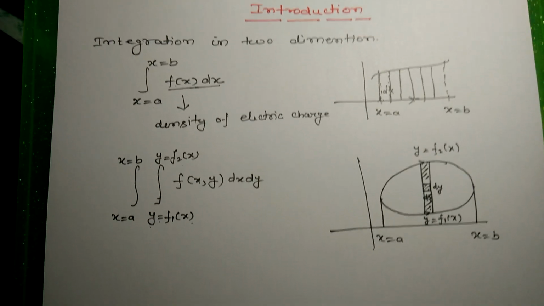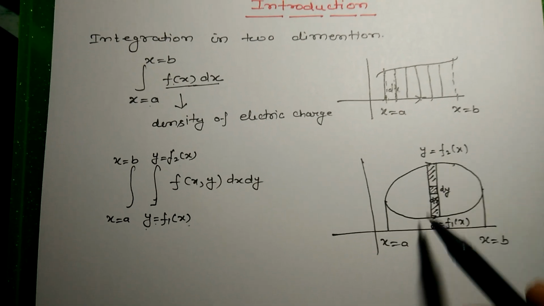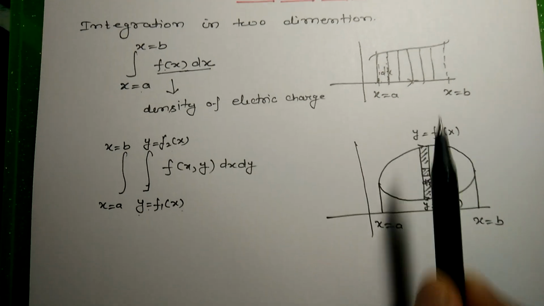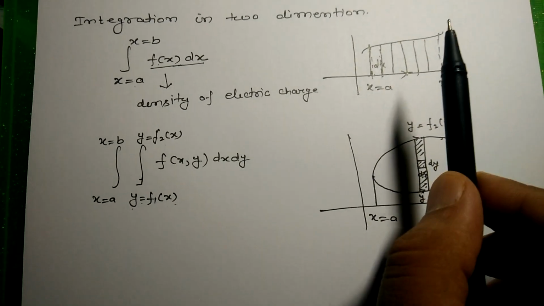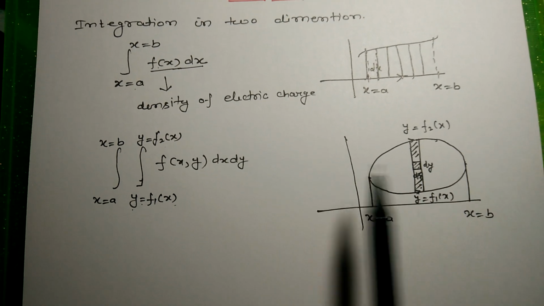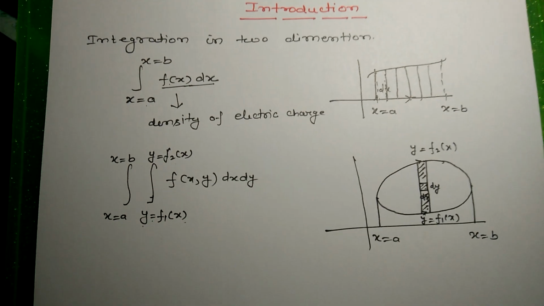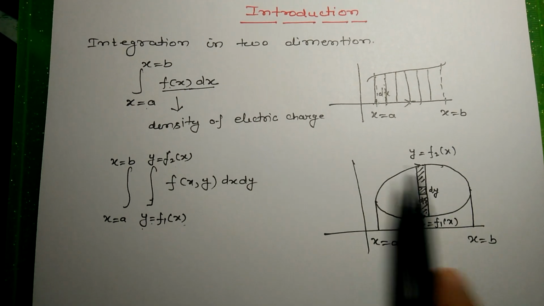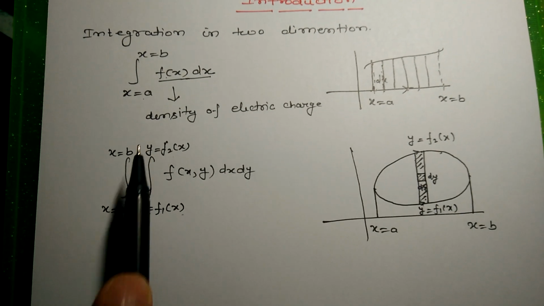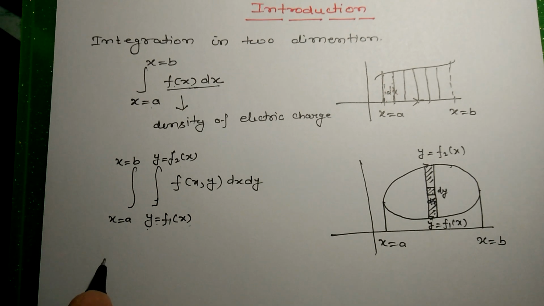That's the entire idea. So first I'll be doing the integration on this strip. While doing the integration on this strip, there is variation only along the y-axis. There is no horizontal variation. So when I'm doing the integration with y, I will treat x as constant.